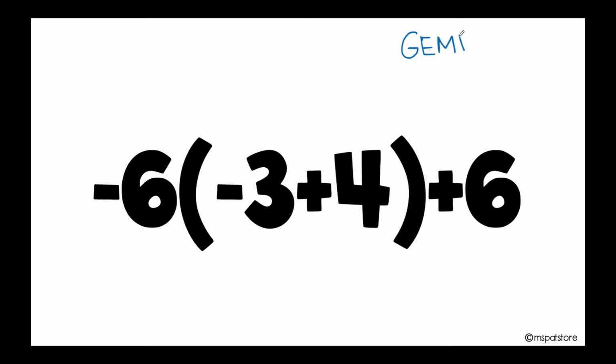Let me write it down here in case that you forgot. So, according to the order of operation, I need to do what's inside the parentheses first, okay? Inside the parentheses, I have an addition. Remember that when you are adding integers with different signs, you actually subtract their absolute values and keep the sign of the greatest absolute value.